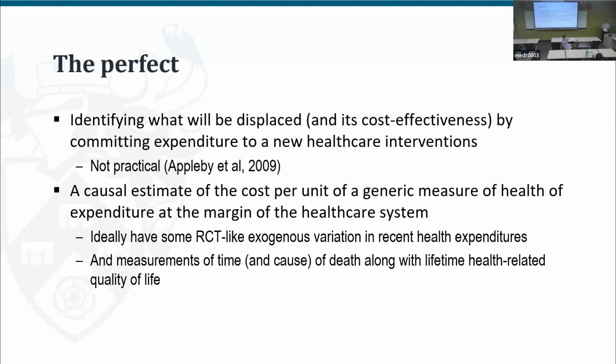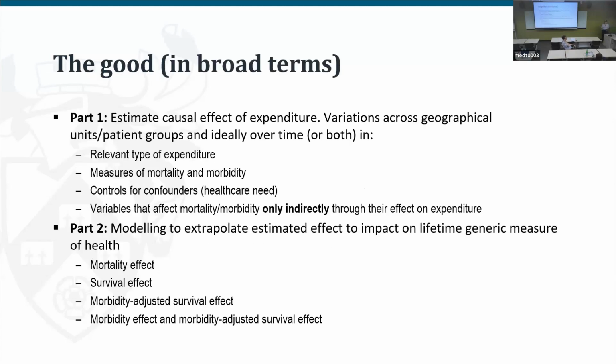So now that we know that the perfect is pretty much unachievable, what is good enough? What we found in our review was that studies tended to split this out into two sections. The first section looked at estimating a causal effect of expenditure on some kind of health outcome, mortality typically being the most commonly used one.